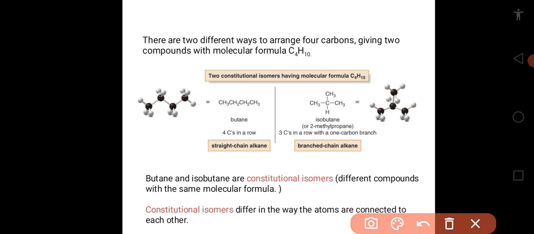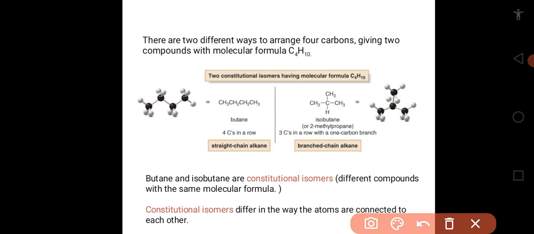The first one is the straight chain, and the second one is the branching. In the first one we have 4 carbons in a row, and in the second one we have 3 carbons in a row with 1 carbon branch. So butane and isobutane are constitutional isomers, that is, different compounds with the same molecular formula.